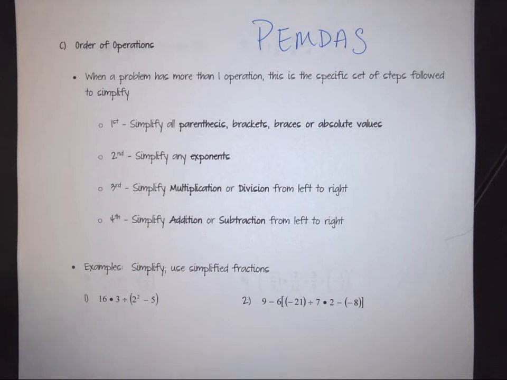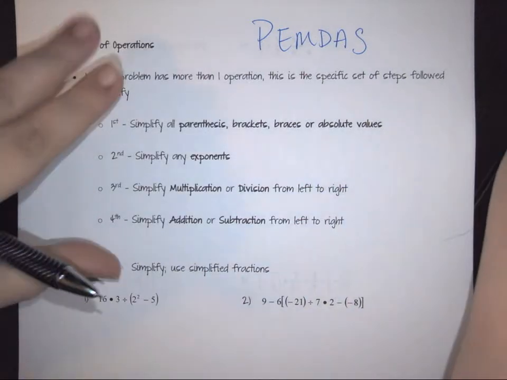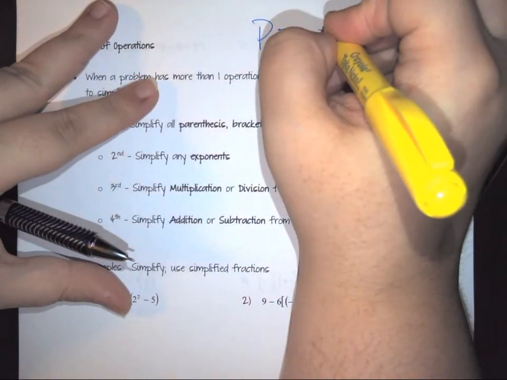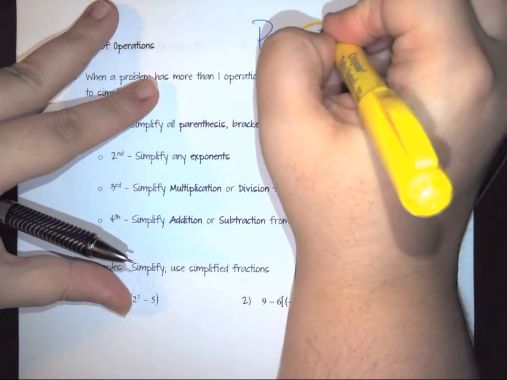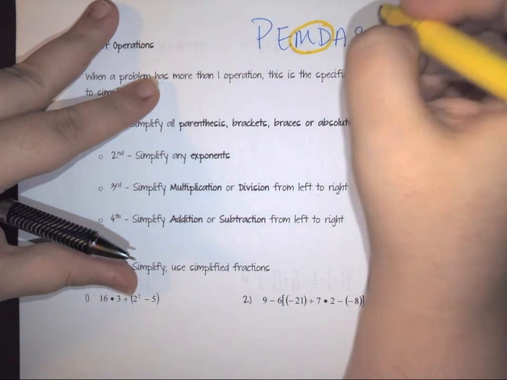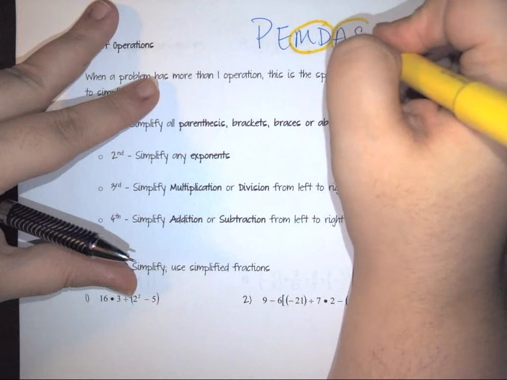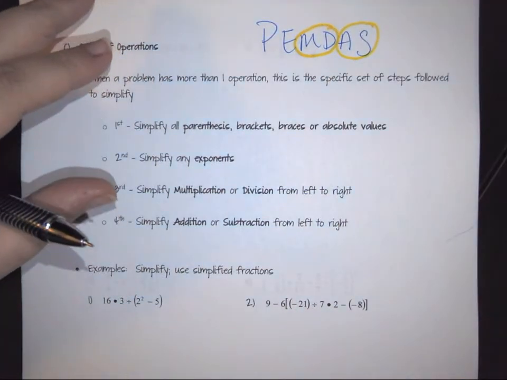After doing parentheses, you have to look at E, which is exponents, and you would evaluate your exponents. When you're done with exponents, the thing that most students forget is that multiplication and division is a thing, and addition and subtraction is a thing.